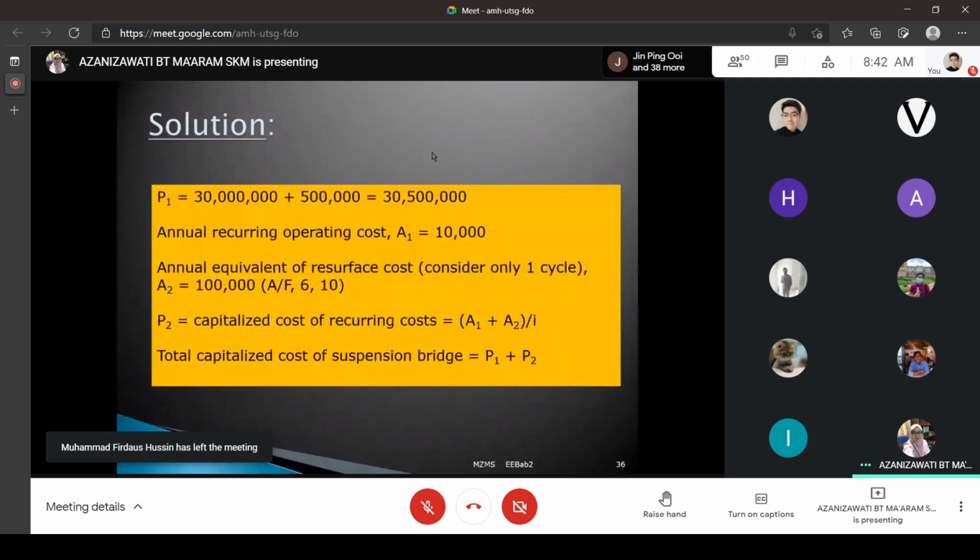Takut dah. Oh, lupa. Aku nak buka sikit suara sikit. Apa dia cakap? Okay, tak ada apa-apa.